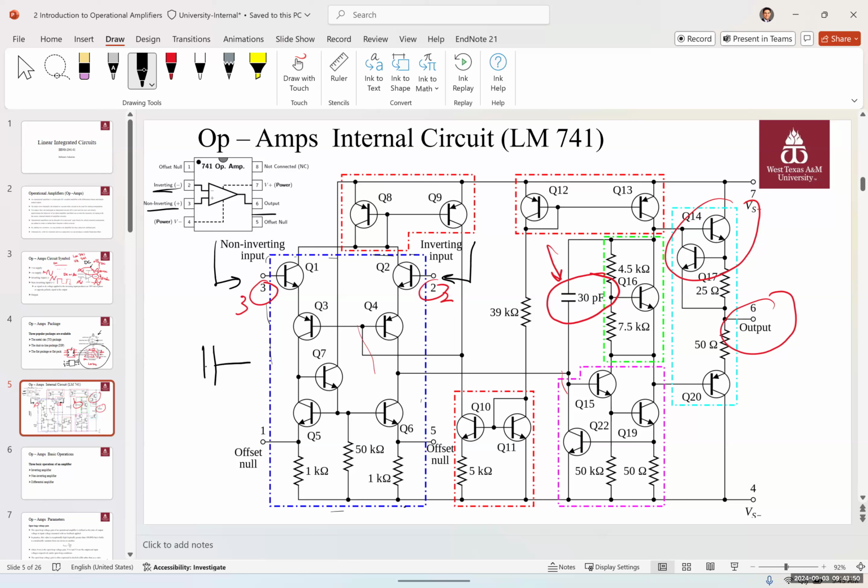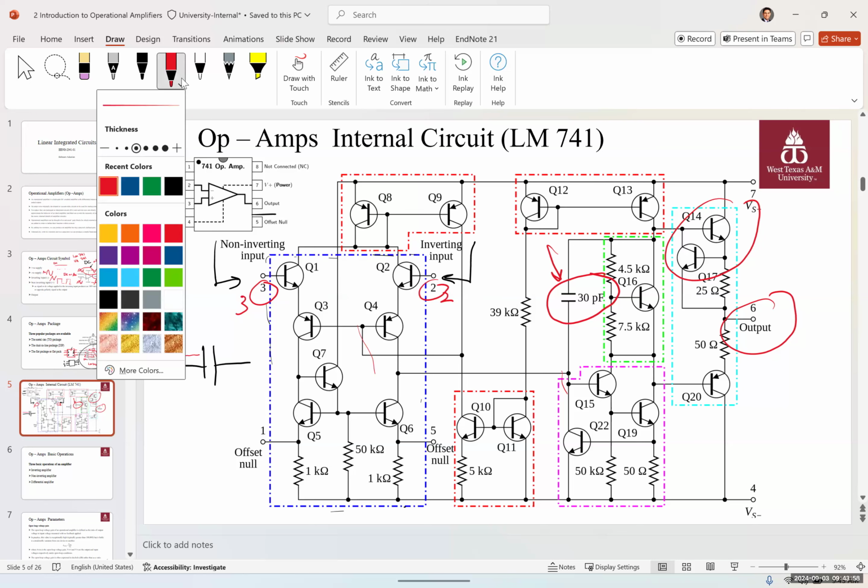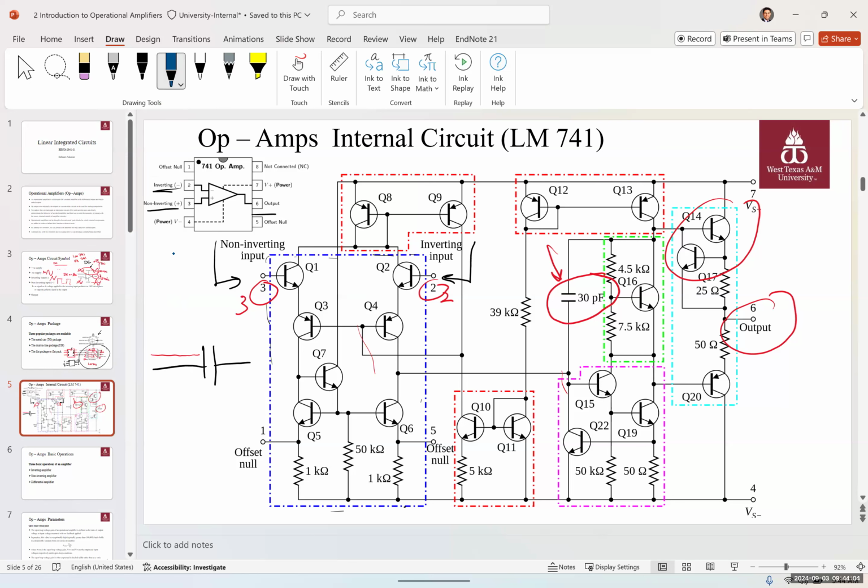Let me put it this way. If I have a capacitor and I have a DC signal, it's not going to pass. The capacitor is going to fully charge, and then the capacitor would become an open circuit. But if you have an AC signal, the AC signal is going to pass the capacitor. This is an easy way to remember AC and DC and a capacitor.